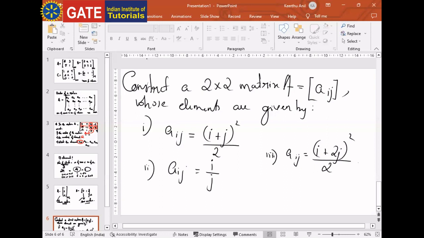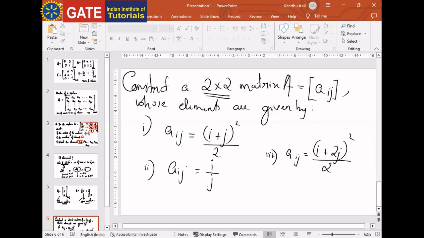What I am asking is what will be A11, which means i should be equal to 1 and j should be equal to 1. Am I right? So if i and j are 1, what will be the RHS? It should be (1 plus 1) the whole square divided by 2, right? Here it should be what? 2. So we have to actually calculate the elements coming in, right?